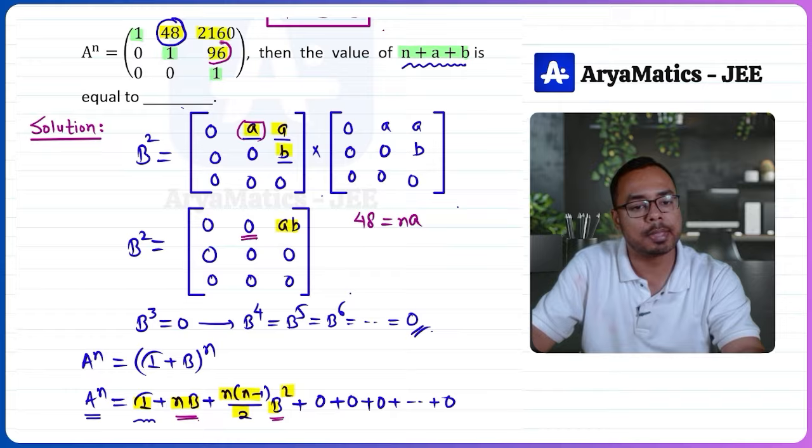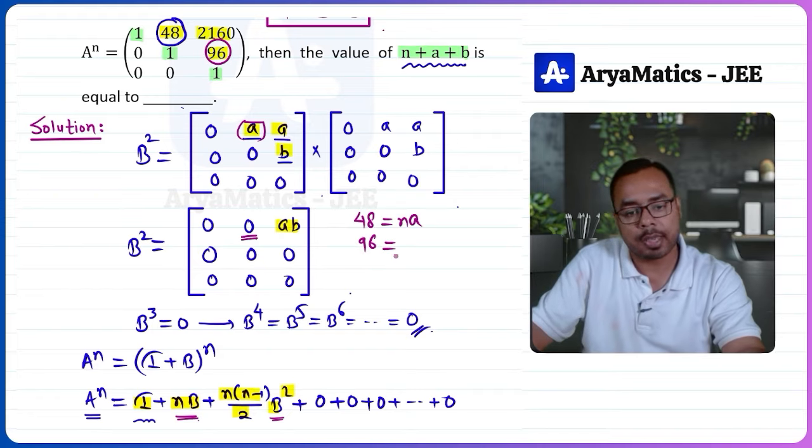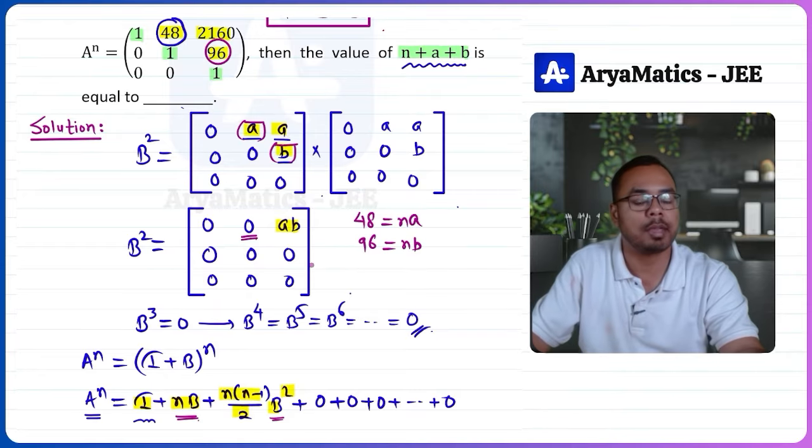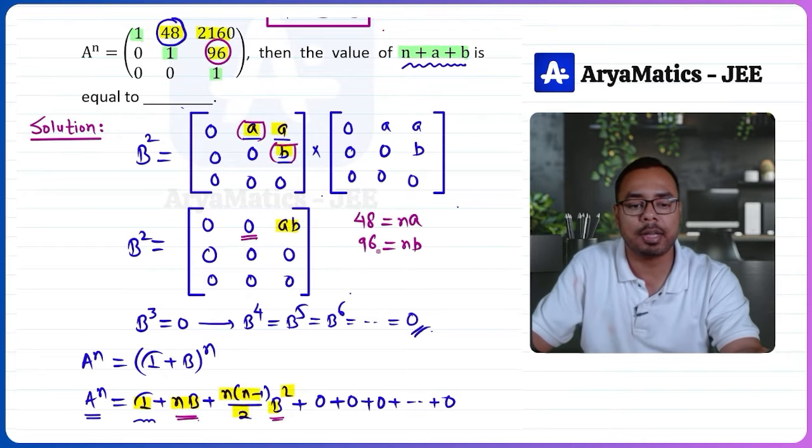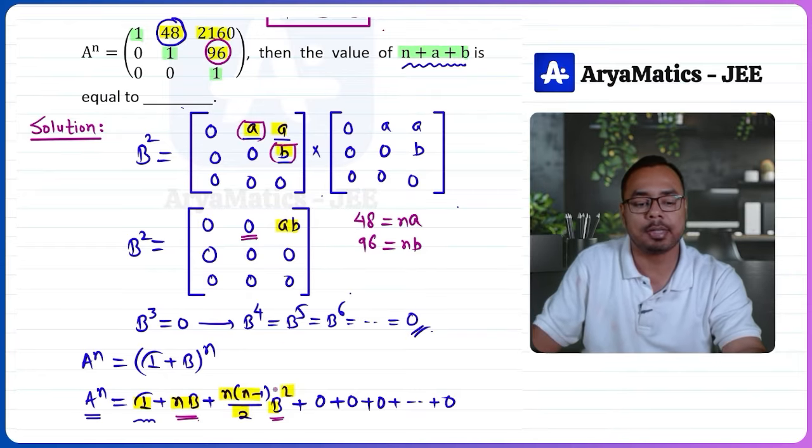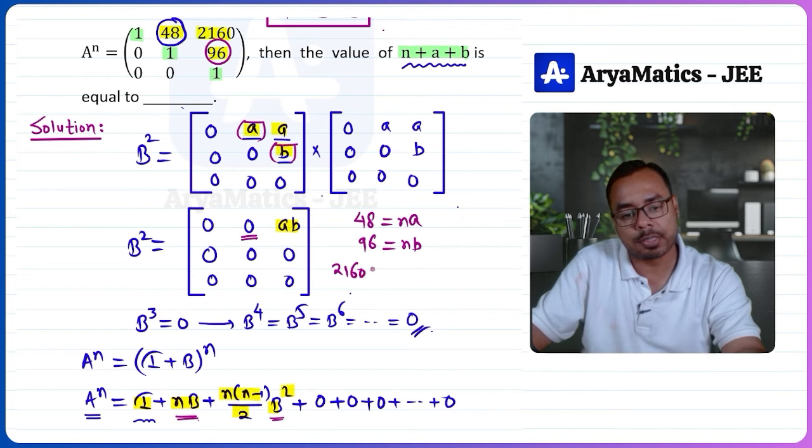Similarly, the element in second row, third column is 96. And on the right hand side, the element in second row, third column will be n into b. So this is another equation, right? n into a is 48, n into b is 96. And finally, the element in first row, third column is 2160.